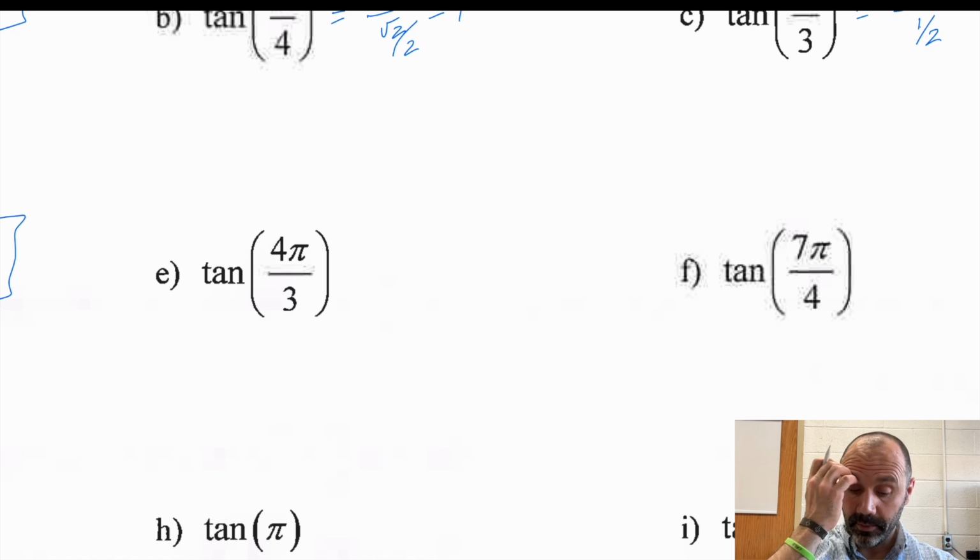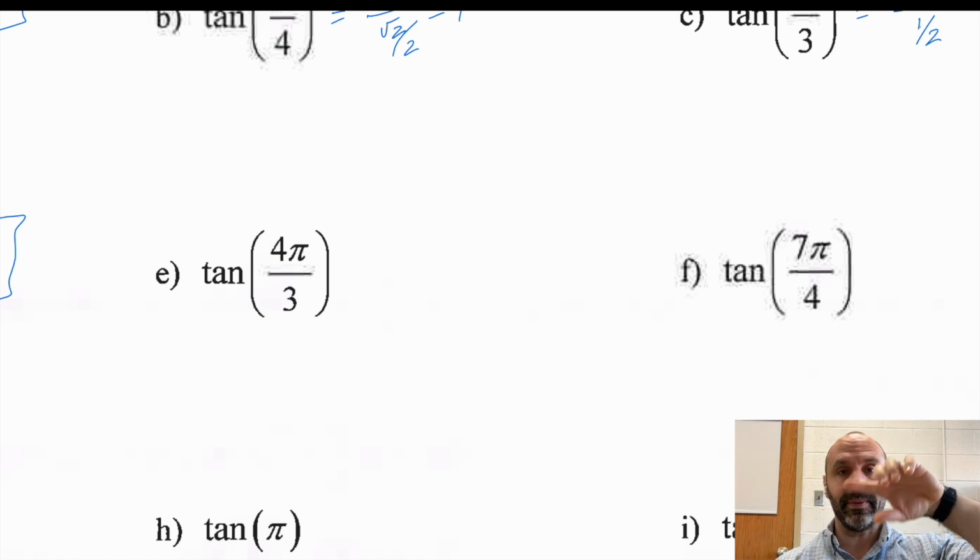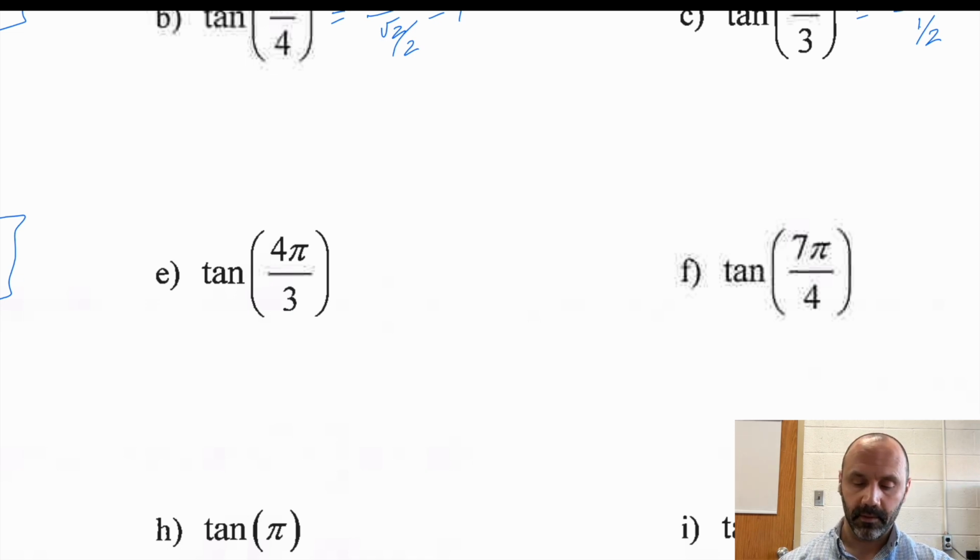Okay, tangent 4 pi over 3. Now, where does that put me? That is past pi, so I'm bigger than pi. I'm down in the third quadrant, and it's pi over 3 from pi. I've gone to pi, and I've gone a third of the way around the bottom half of the circle. So I'm at 60 degrees from the negative x-axis.